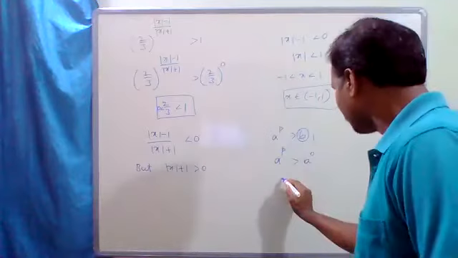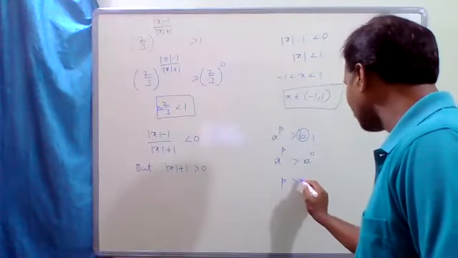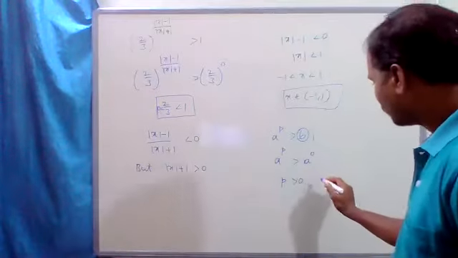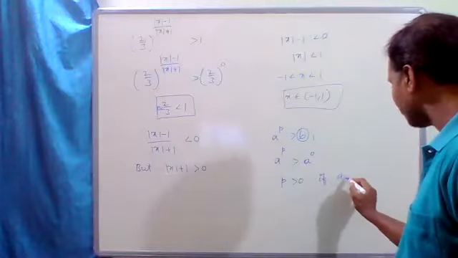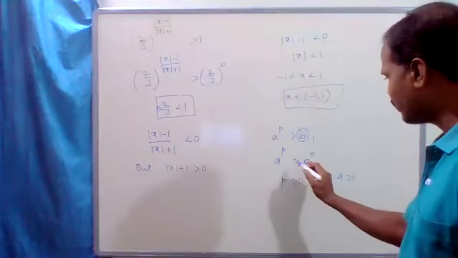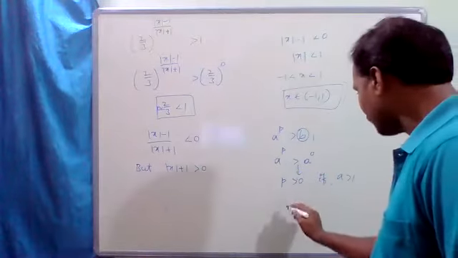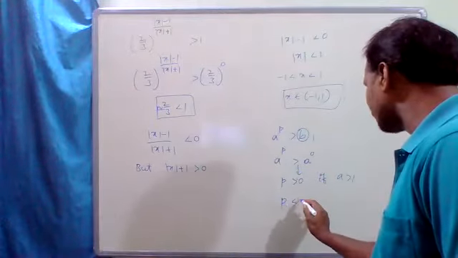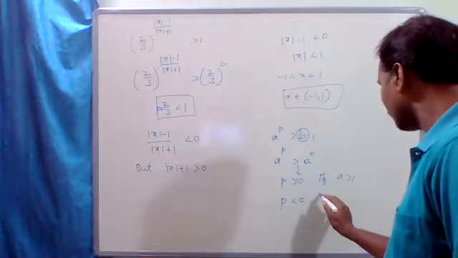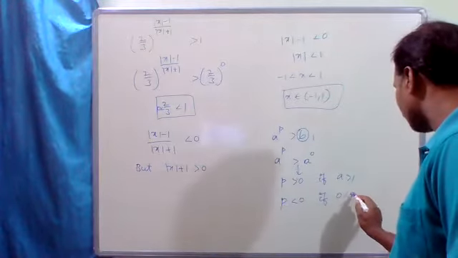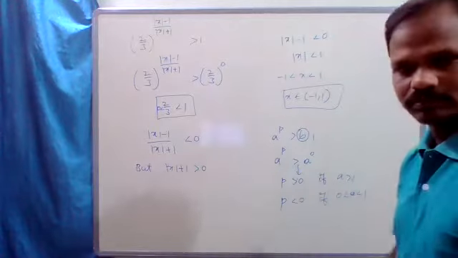So p greater than 0 if a greater than 1, the same symbol will follow. Otherwise the opposite symbol will come: p less than 0 if 0 less than a less than 1.